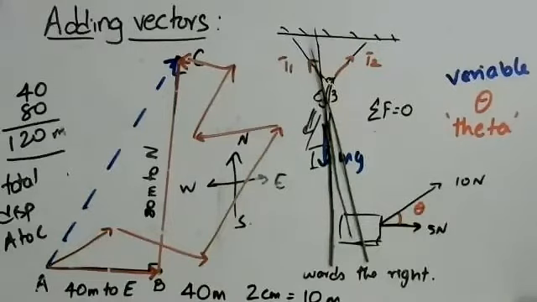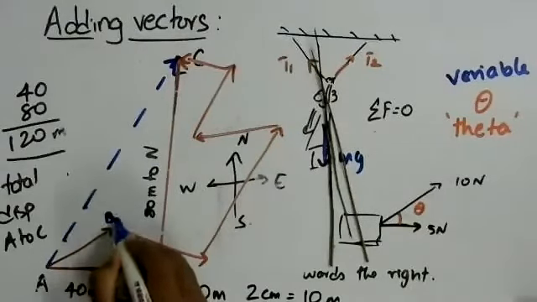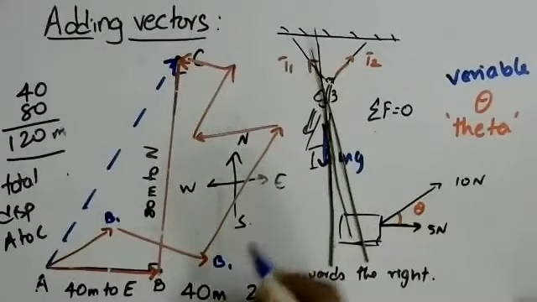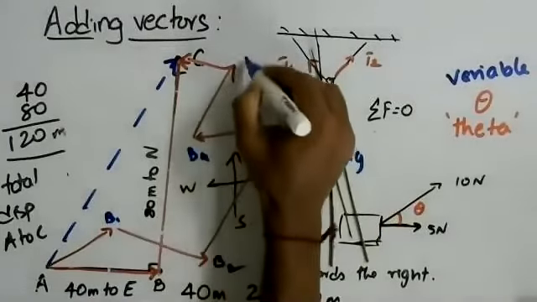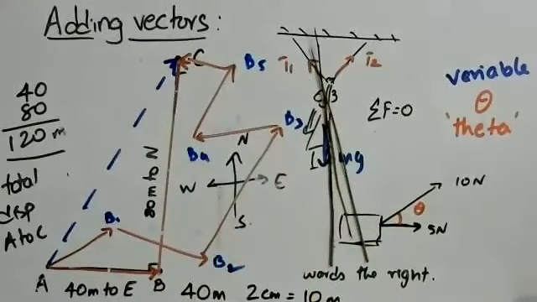But you can't call them B, can you? Because A to B said B1, B2, B3. I will put it as suggested by Sid. B1, B2, B3, B4, B5, and then to C. Okay.